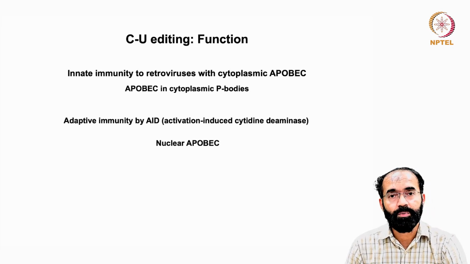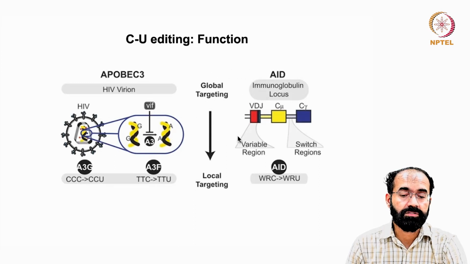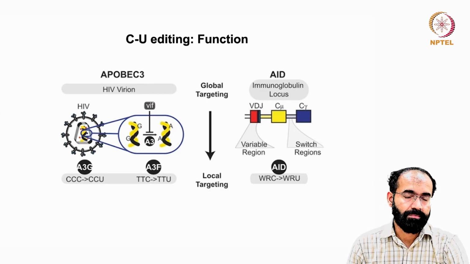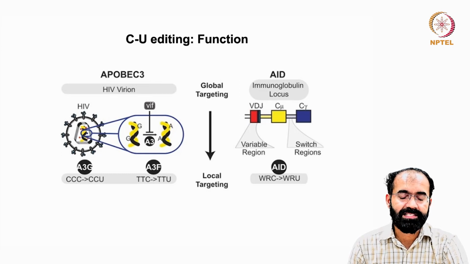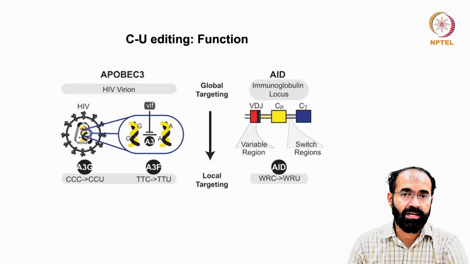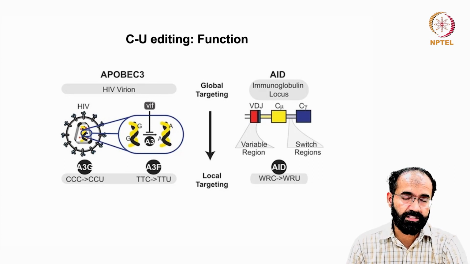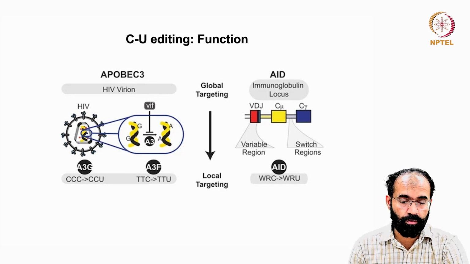So APOBEC and AID have a good interrelationship. Take one example, such as the HIV virus, which causes AIDS. Once it enters the cell, we call it the HIV virion, because the HIV virion is the one capable of coming out of the cell as a fully infective particle. So it can stay in a dormant state also.